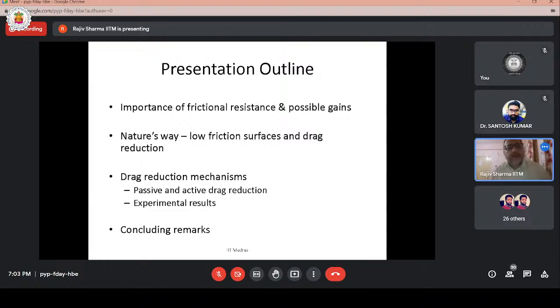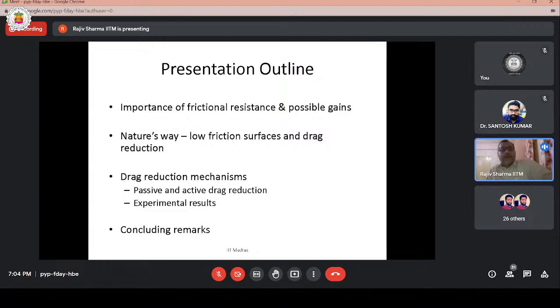Today's talk is centered around drag reduction, resistance, when it comes to typical engineering structures. And when we say engineering structures, we normally talk about three from the ocean engineering perspective, and all of them fall under the broad area of mechanical science.